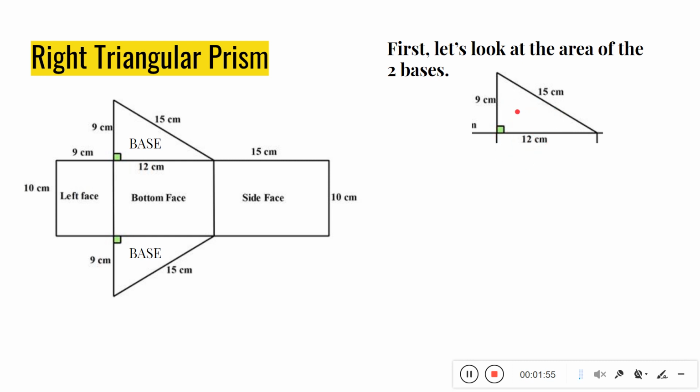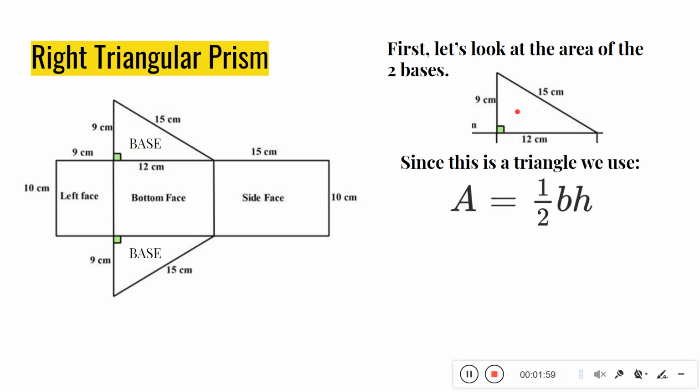This is simply a right triangle. So since it's a triangle, we use the formula area equals 1/2 base times height. Now this is a different b. This little b stands for the base of the triangle, and this lowercase h stands for the height of the triangle. So we have 1/2, the base is 12, the height is 9, because remember in a right triangle, your legs are your base and your height.